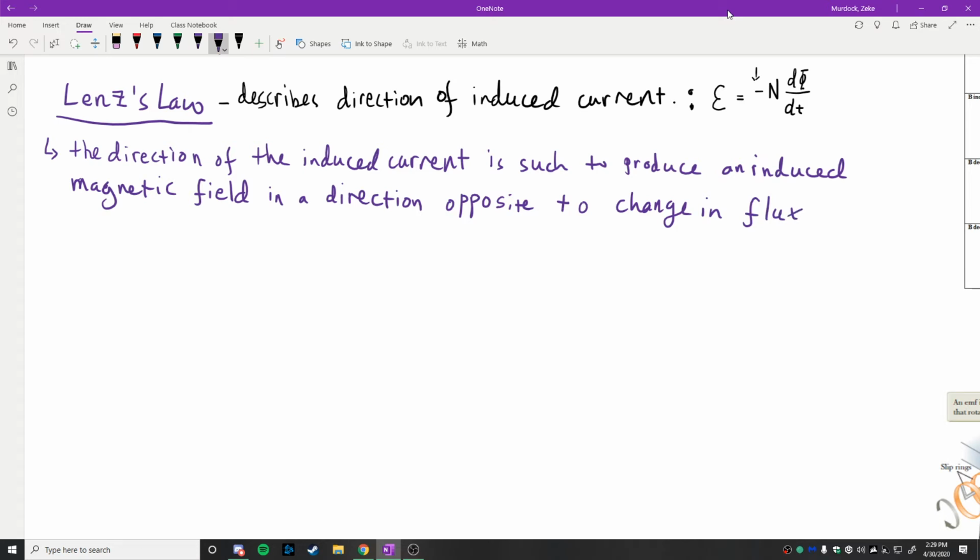Okay, the induced current is such to produce an induced field in a direction opposite to the change in flux. I'll give you some really simple examples of this. We're going to look at a lot of examples of this here. Let me just give you a really basic one.